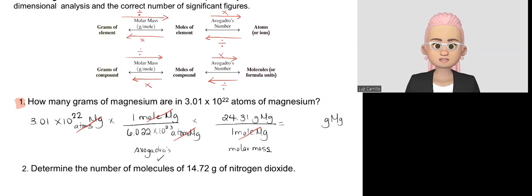grams of magnesium. And to complete this problem, I'm going to do 3.01 times 10 to the 22nd power. I'm going to multiply that by 24.31. And all of that, I'm going to divide by 6.022 times 10 to the 23rd power.